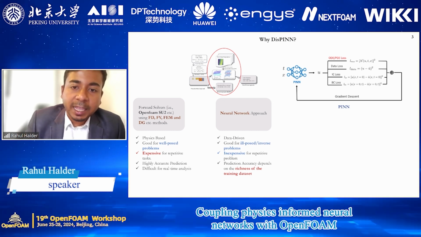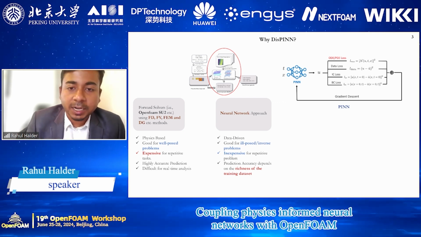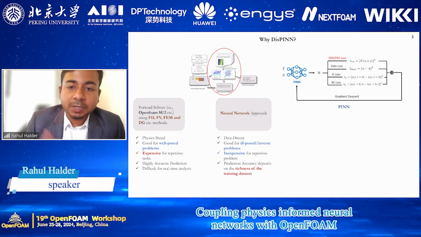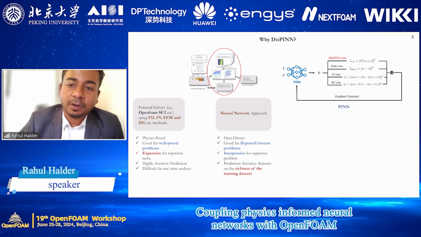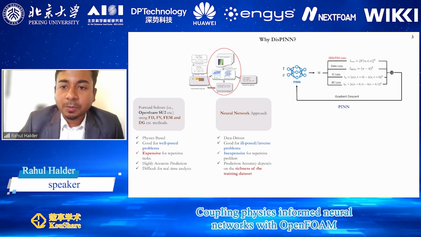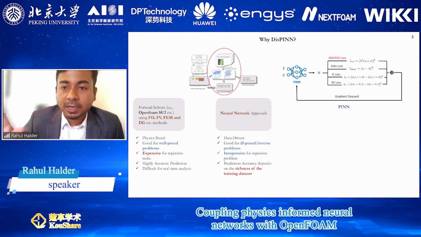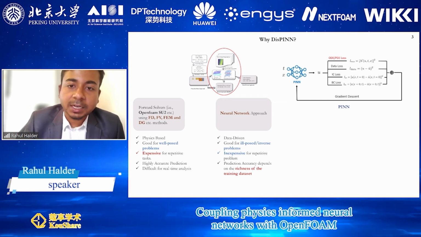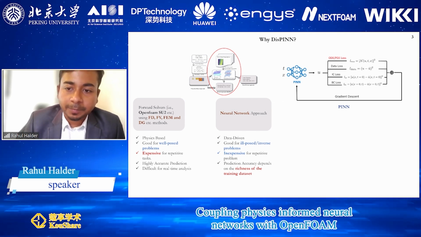Because there is a neural network formulation between the input and output, from that formulation we can compute the temporal and spatial derivatives, and the general governing equations can be considered as an additional loss penalty in addition to the data-driven part.